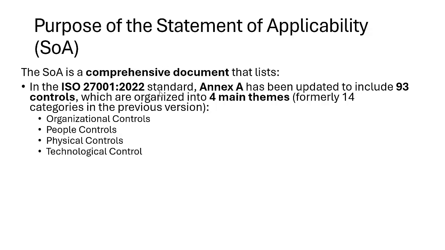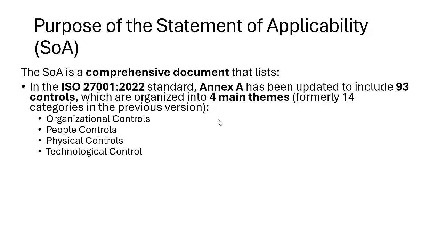So when we're talking about SOA, it is used to organize all the Annex controls. Annex A is a list of information security controls, which is also called a catalog of controls or control sets. As per the 27001:2022 revision, we now have 93 controls in the 2022 version.